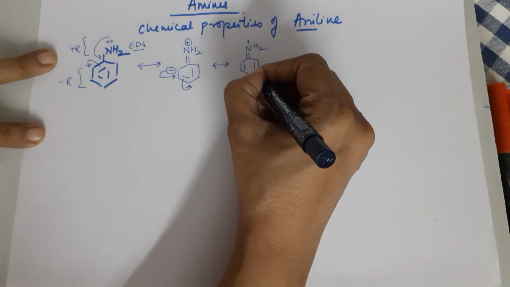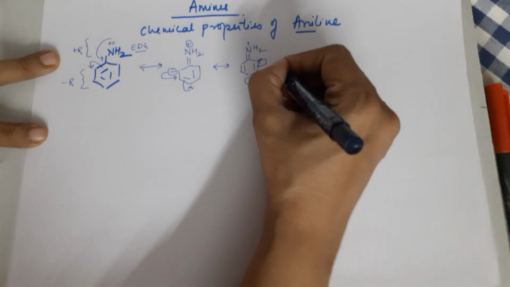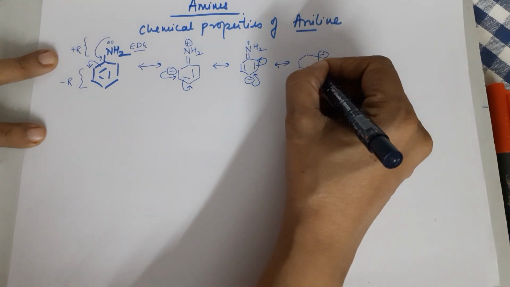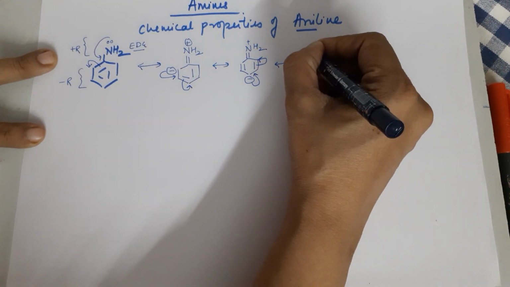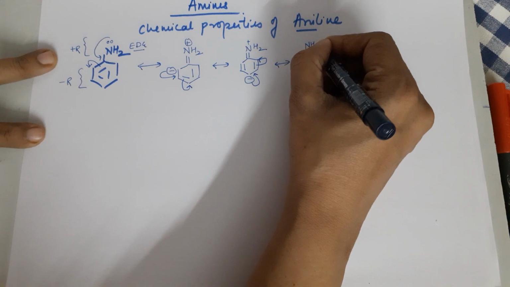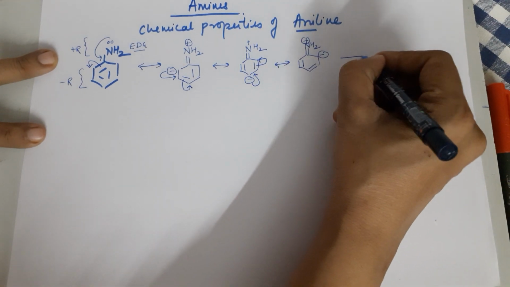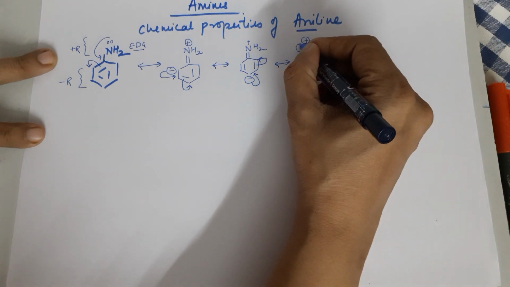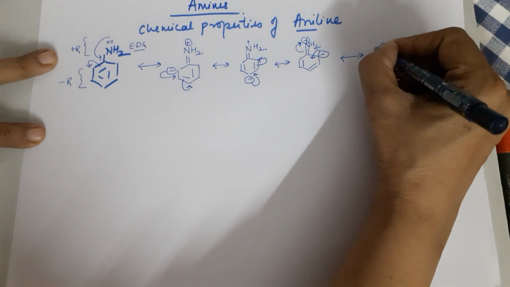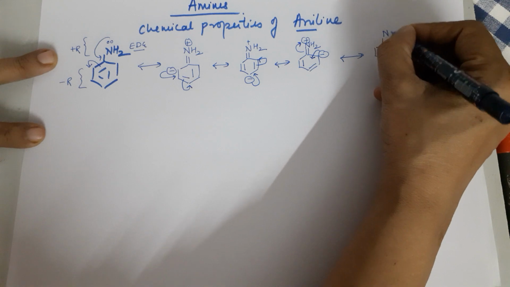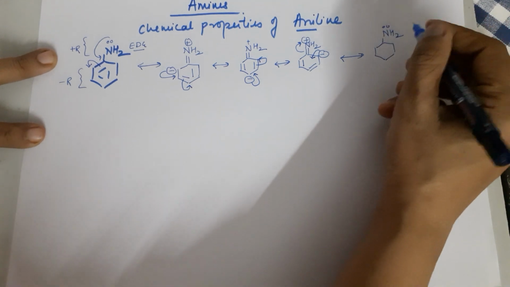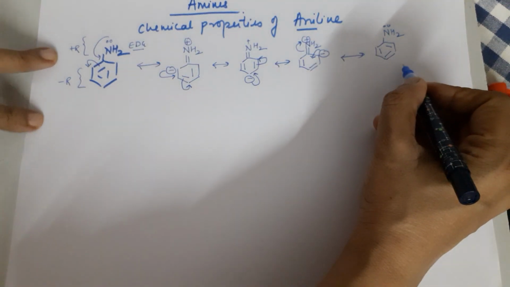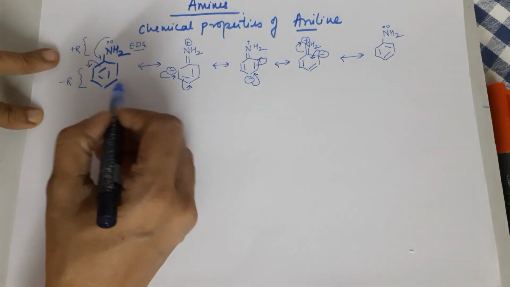This lone pair is used for bond formation, this bond breaks, giving you a negative at this position now, a bond here already, NH2 with a positive, and the last resonating structure gives back the lone pair to the nitrogen, leading to a structure which resembles the first structure with respect to lone pairs, but the only difference in the first and the last is the orientation of the double bond.